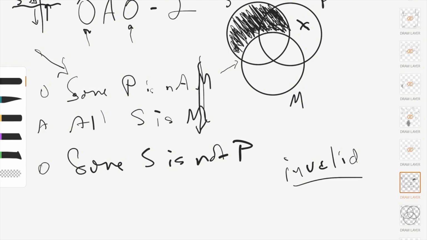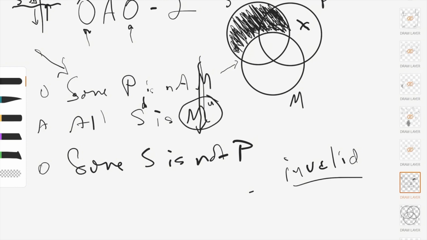So what about distribution? Distribution has two parts. One has to do with the middle term. The middle term must be distributed in at least one premise. So let's look at it here. Let's start with the minor because you'll see why in a minute. In the minor is an A, and the distribution pattern is a distributed subject, undistributed predicate.